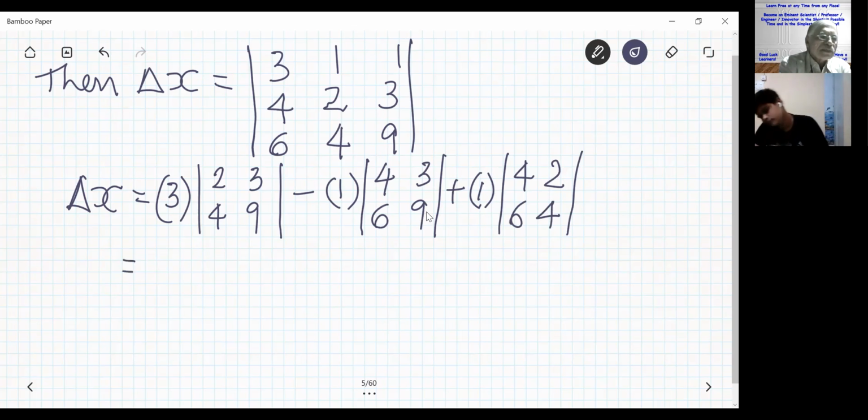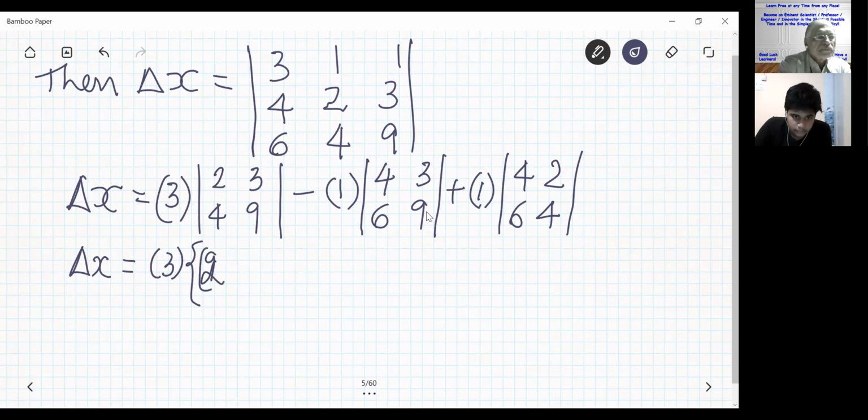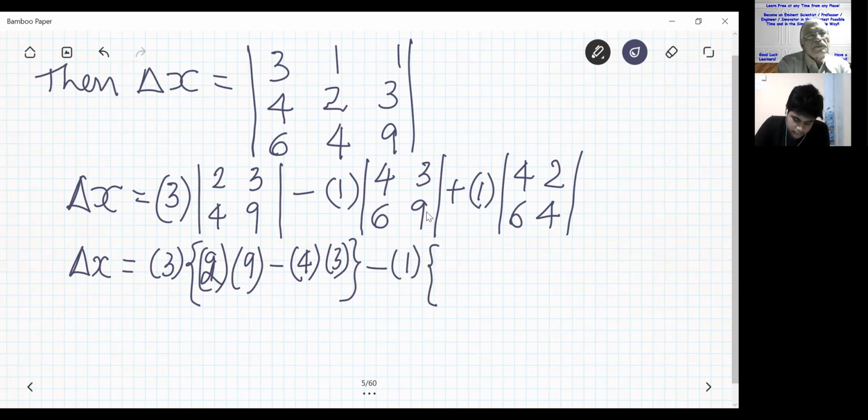Now this delta X is equal to 3 into, here it is 2 into 9 minus 4 into 3. Minus 1 into, what will you write here? 4 into 9 minus 6 into 3.